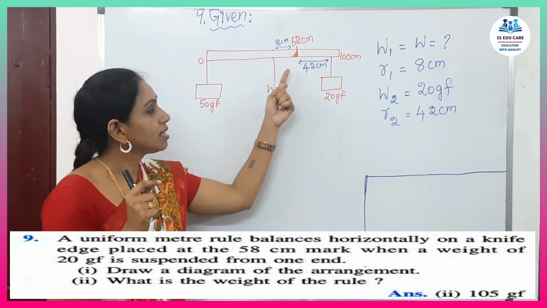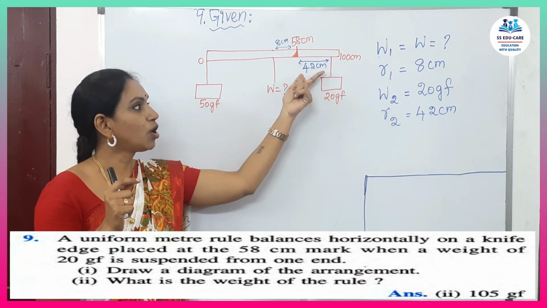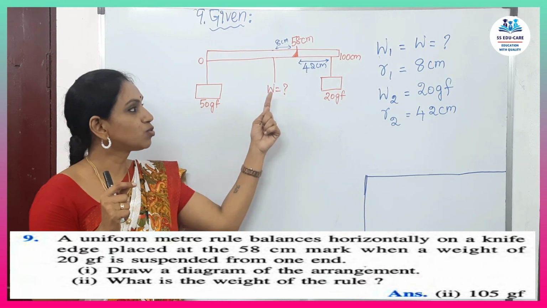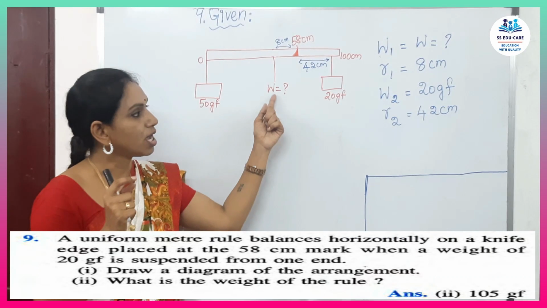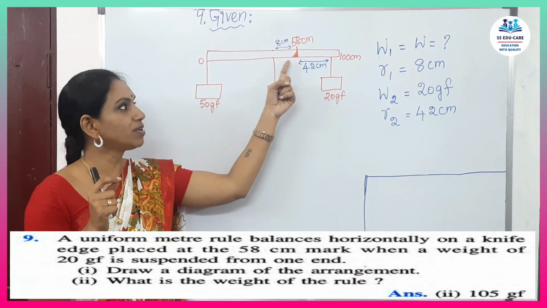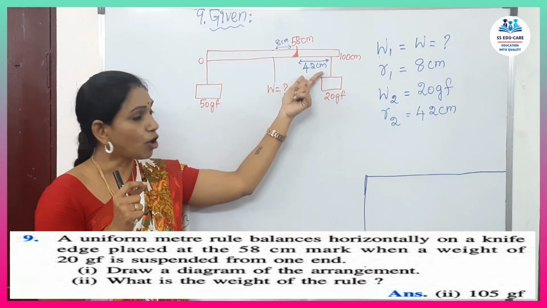Then they are asking what will be the distance from pivoted end to the end. It is 42 centimeter. So what is this weight we have to find out? That is your W1 we have to find out. And the R1 distance is, of course, from center to the pivoted end, it is 8 centimeter. And the remaining is your 42 centimeter.